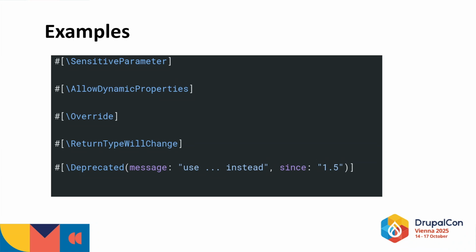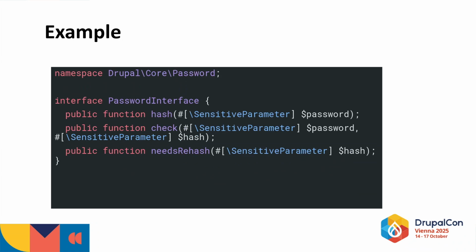And ReturnTypeWillChange is so that you can evolve an interface or things that you inherit, where you want to change the return type, because return types are more strict than they used to be. An example of this being used in core is, of course, the password interface, where you don't want the password to be leaked into stack traces when things go wrong.